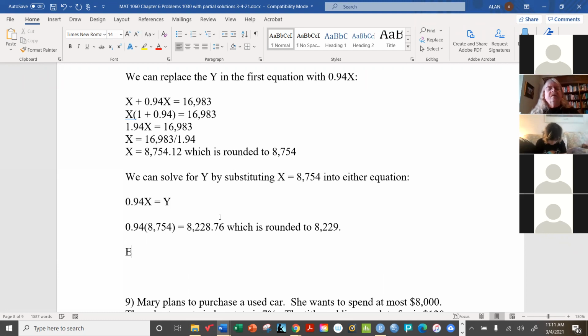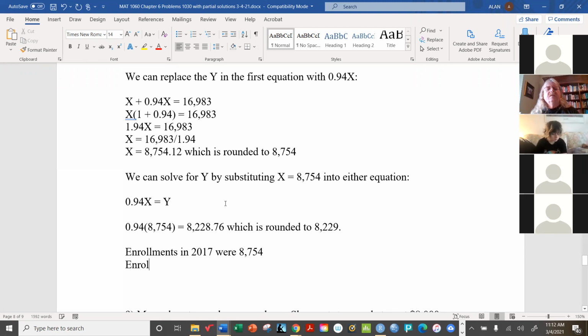So enrollments in 2017 were 8754. Enrollments in 2018 were 8229.